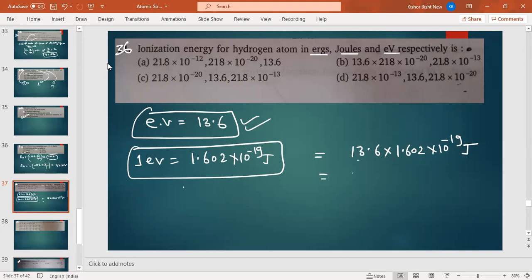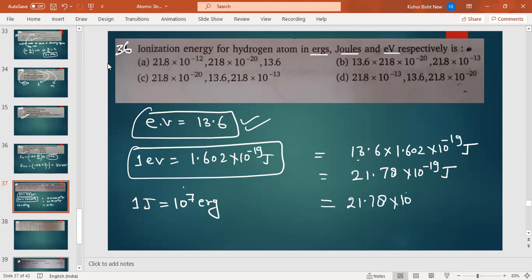So in joule you will get 21.78 into 10 to the power minus 19 joule. Again, 1 joule is equal to 10 to the power 7 erg. So if you are changing this to erg, then 21.78 into 10 to the power minus 19 into 10 to the power 7 erg.